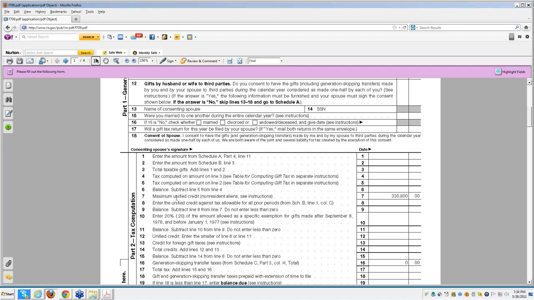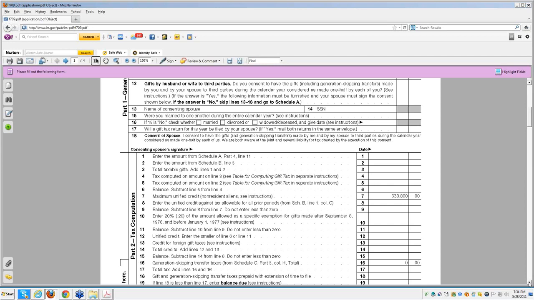Okay, here's your unified credit. It says see instructions. Okay, you go down here to line 7, and it's built into your form. The tax credit is built into the form. It should be 5 million, shouldn't it? Well, that's on the gift side. Okay, which form is this?